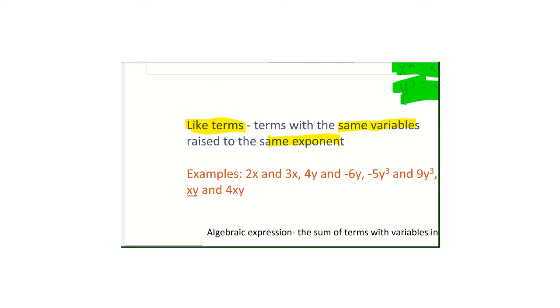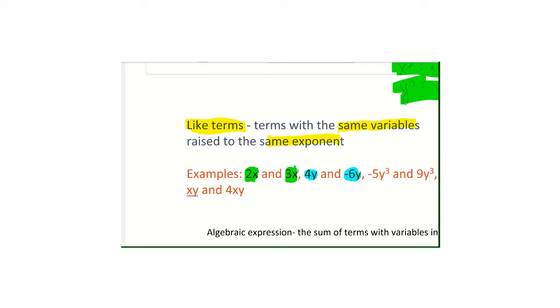So let's go to like terms. Like terms are terms with the same variables raised to the same exponent. So for example, 2x and 3x are like terms because they both have an x. You don't see an exponent, but there's an understood 1 whenever you don't see an exponent. So both of those are x to the first. 4y and negative 6y are like terms because they both have y to the first power.